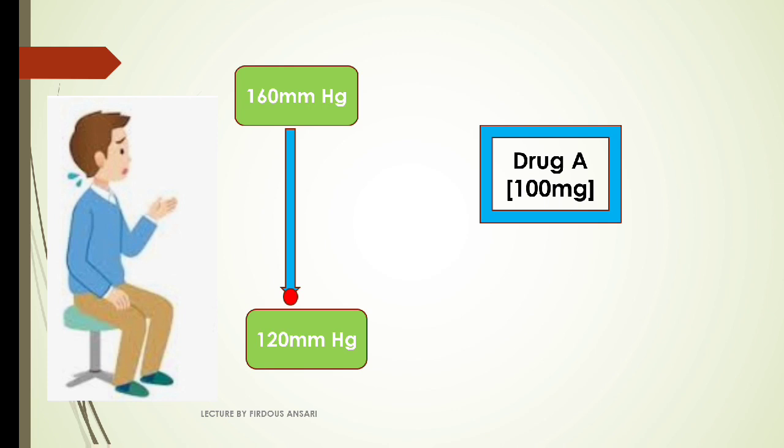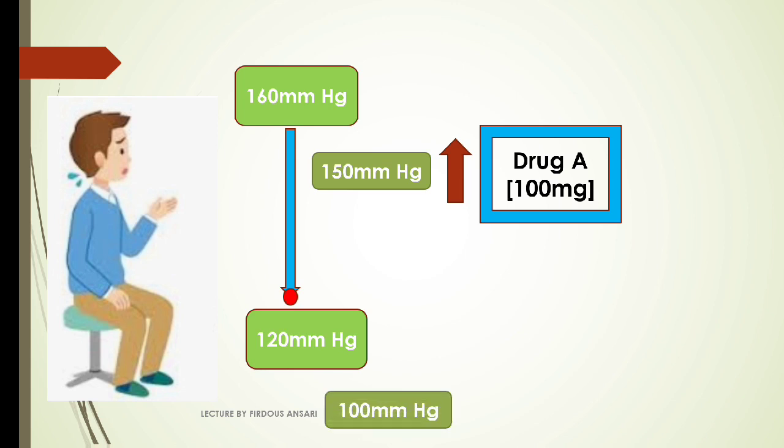Now the doctor will check the blood pressure, and suppose the blood pressure now is 150 millimeter of mercury. So the blood pressure has not been reduced to our expected level. In that case, the doctor will increase the dose of the drug. Now suppose instead of 150, the blood pressure of that person has been reduced to 100 millimeter of mercury.